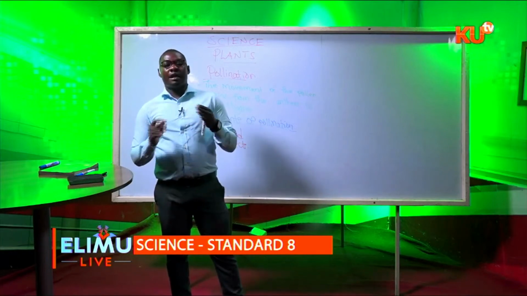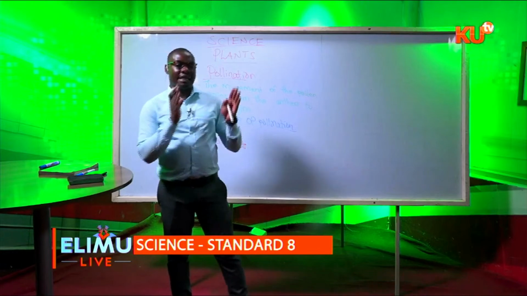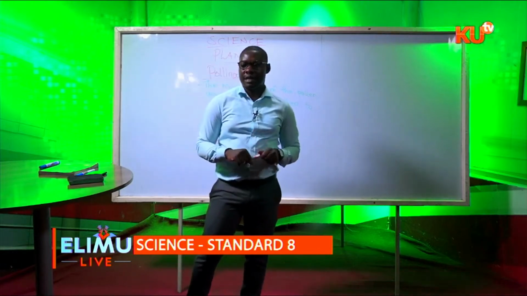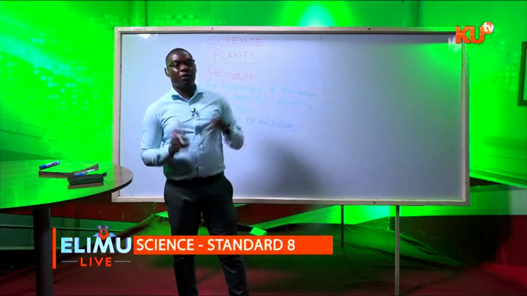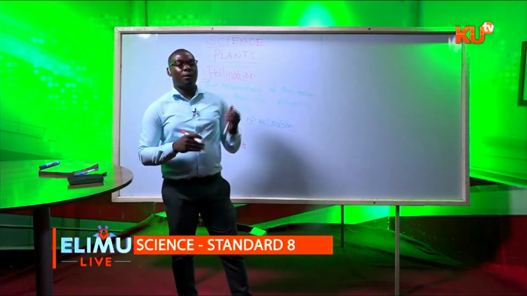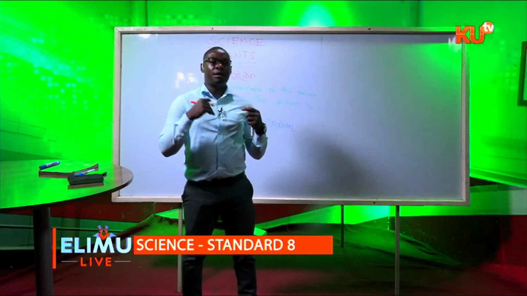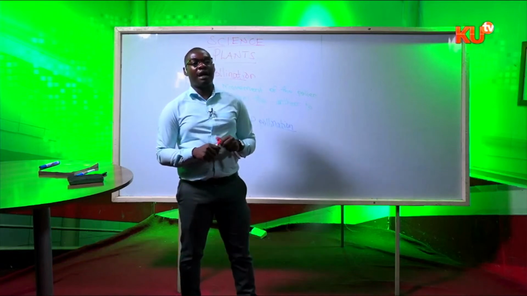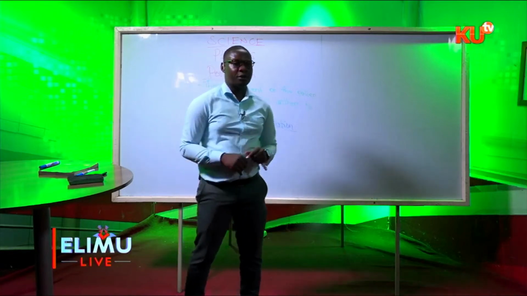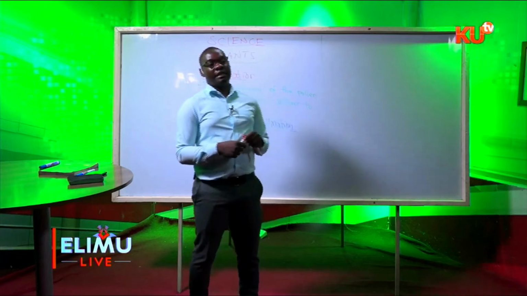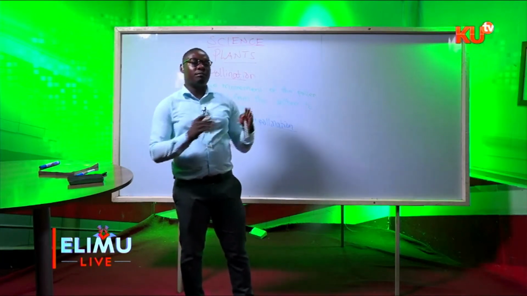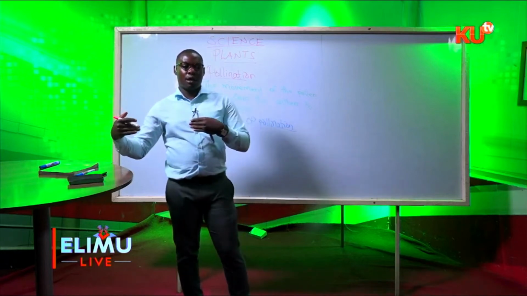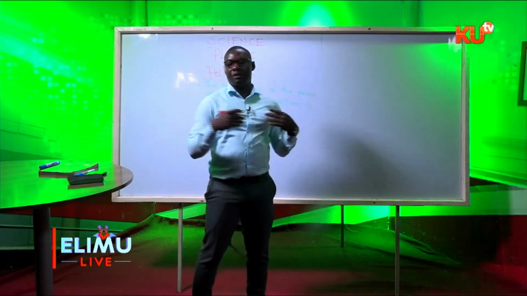So in the two, we are going to look at insect pollinated flowers, and we're also going to look at wind pollinated flowers. So insect pollinated flowers will be different from the wind pollinated flowers, and the difference will come based on their characteristics. Characteristics are how are the things. Why will this one be big, this one will be small? Why will this one be bright, this one will be dull?